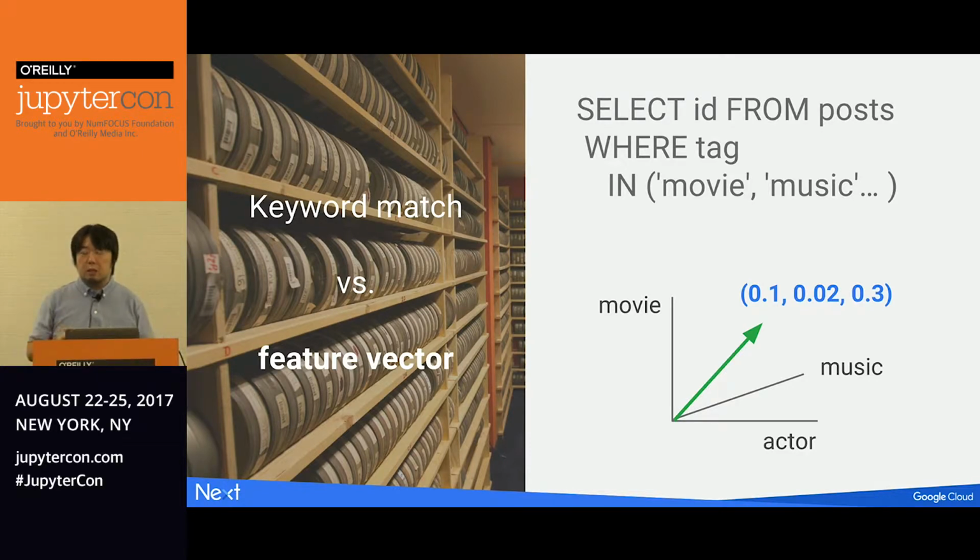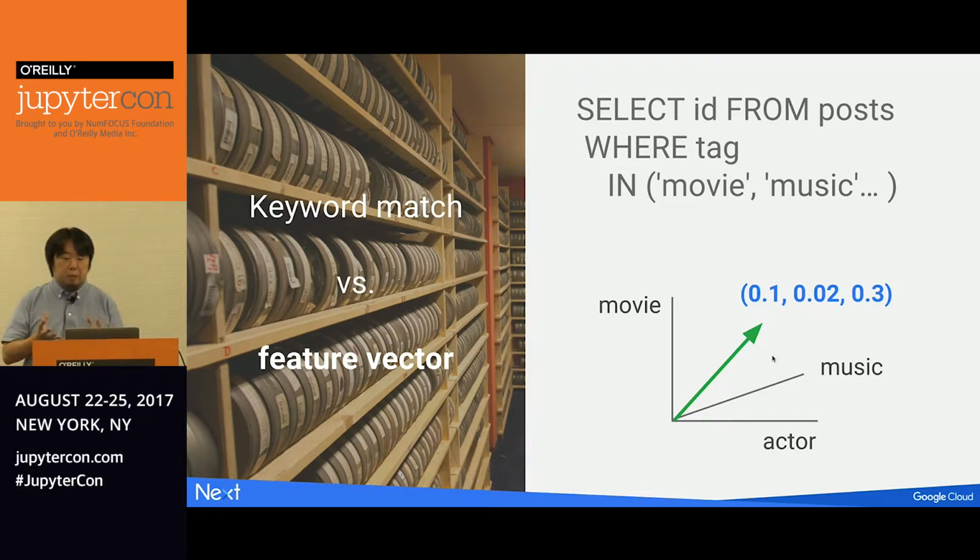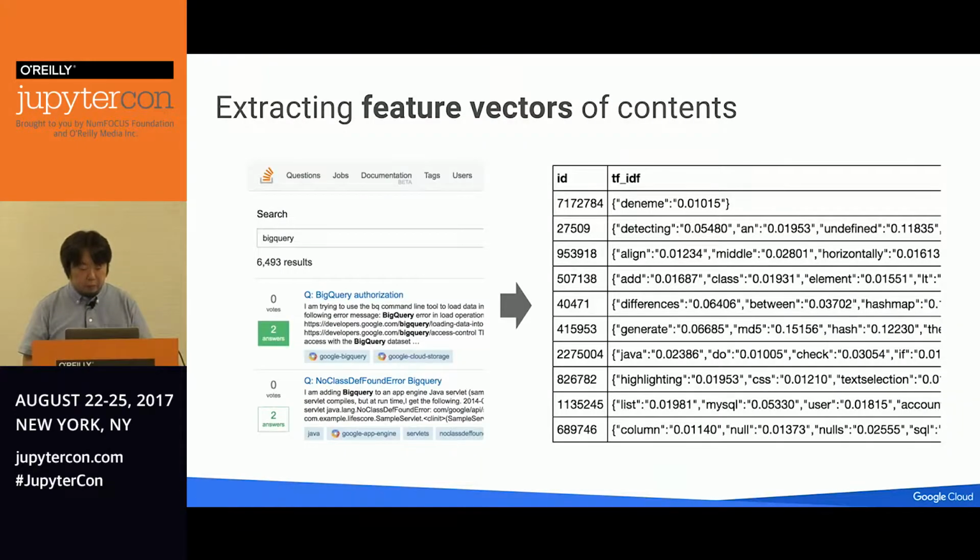Each number represents how much the frequency of the words or topics reported in a single document. So this particular document with this vector is talking about movie a little and does not talking about music so much, but talking about actor so much. So you can represent the content by using the feature vector.